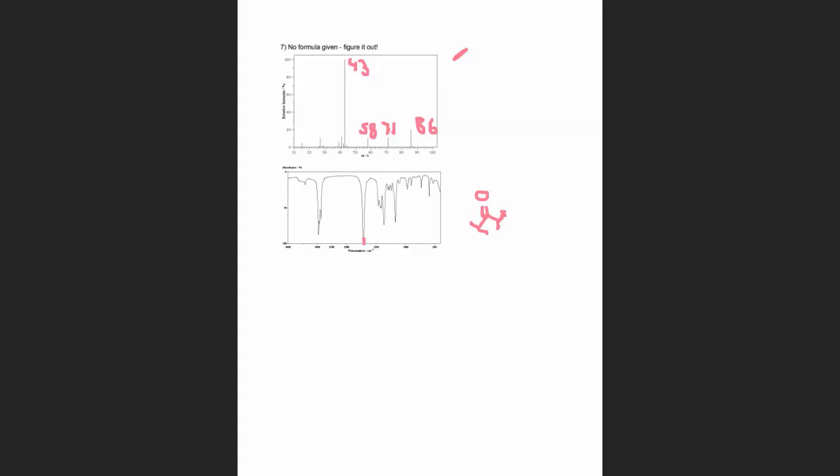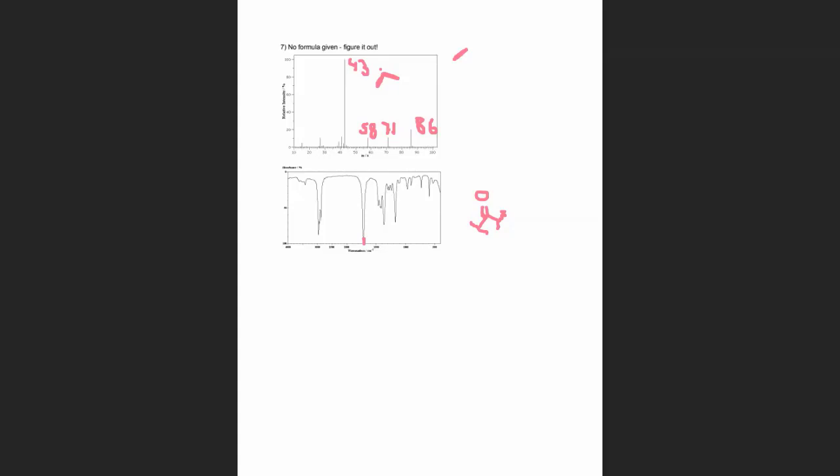Now, if you go to 43, you could do 86 minus 43. That's just 43, yeah. And so that just means we took off a 3 carbon fragment. Okay. So we have a 3 carbon fragment.